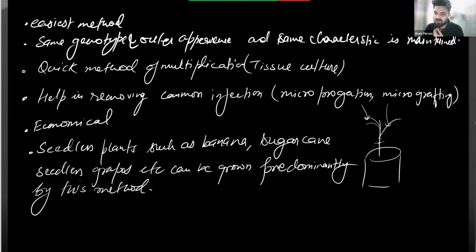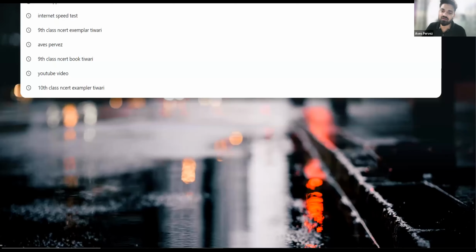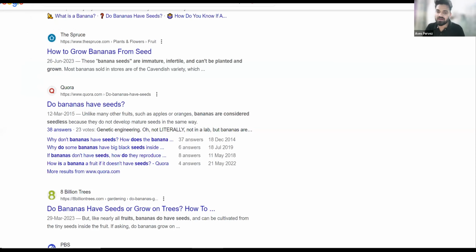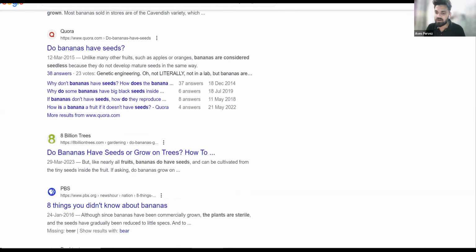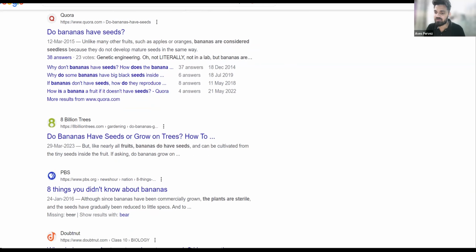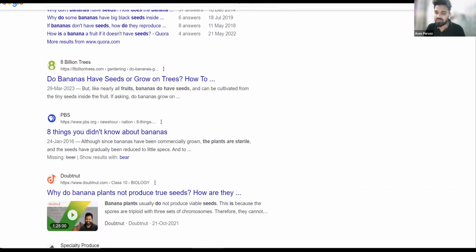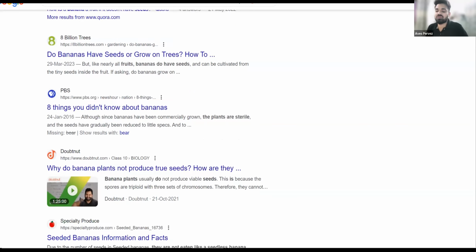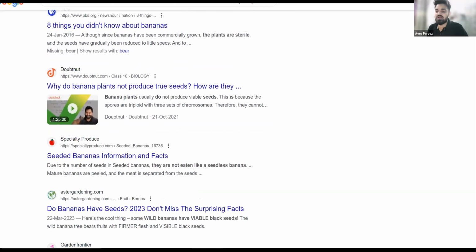So bananas are considered seedless. Some say that if they bear seeds, they are sterile, meaning you cannot grow a new plant from them. So we can consider banana as seedless.